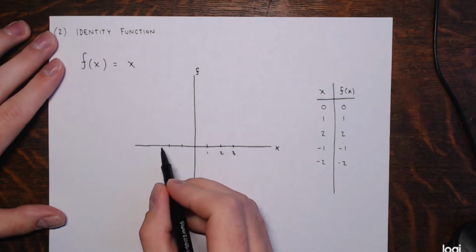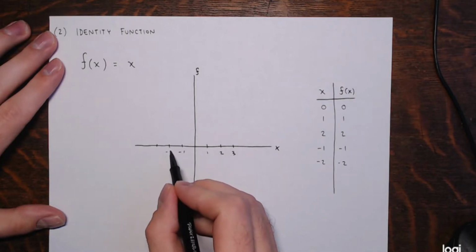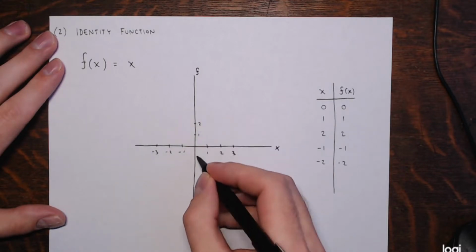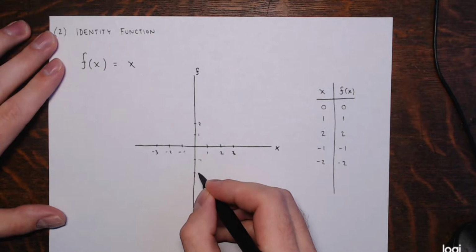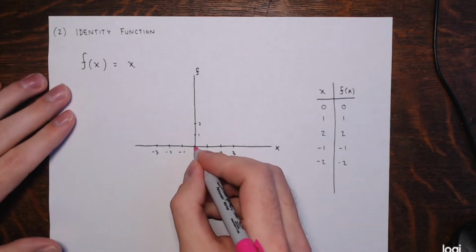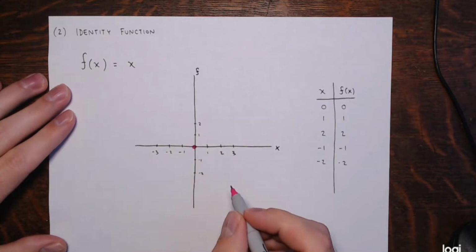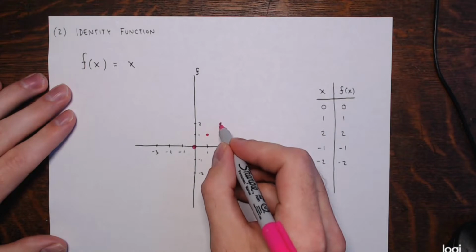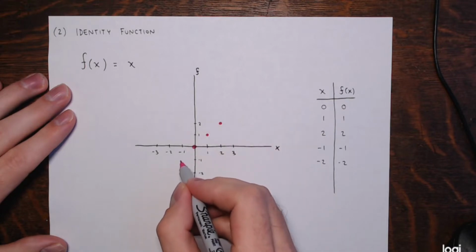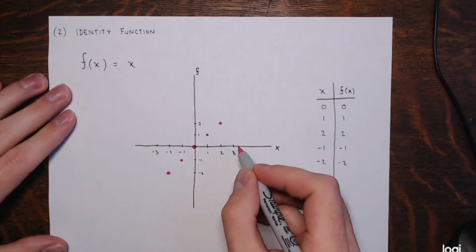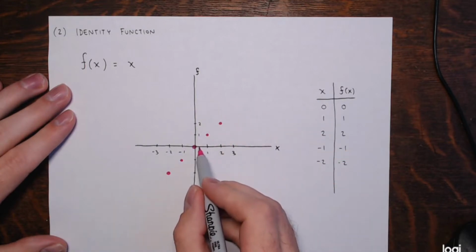I'll just mark some notches here, some integers on the axes, and plot some points. Again, input 0, output 0, so the origin is on this. Input 1, output 1, input 2, output 2, -1, -1, -2, -2, 3, 3, 0.2, 0.2, pi, pi.